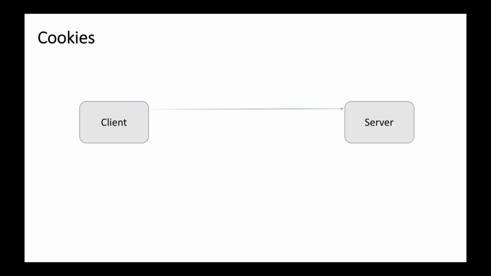Hey again, let me talk in this video about the cookies attack. But before we talk about the cookies attack, let me give an overview about cookies. So in any client-server communication, any request that goes from the client to the server will have in the header the cookies saved in the client machine for that server.